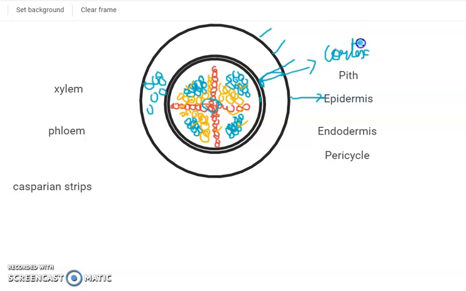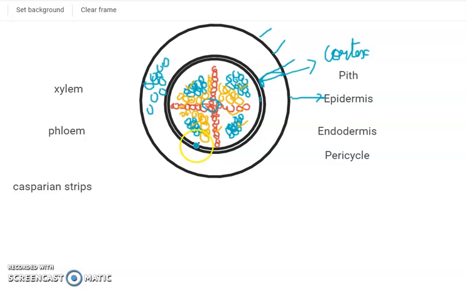So we will see how the parenchyma cells are arranged. So parenchyma cells, there are several layers of thin-walled parenchyma cells with intercellular spaces. You can see this layer, it is completely surrounded by the parenchyma cell. I am not drawing it. I'm just saying that it has many layers of this parenchymatous cell.